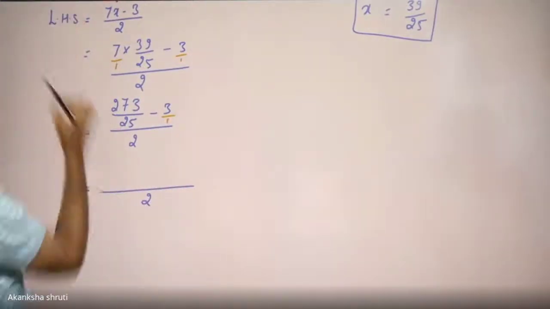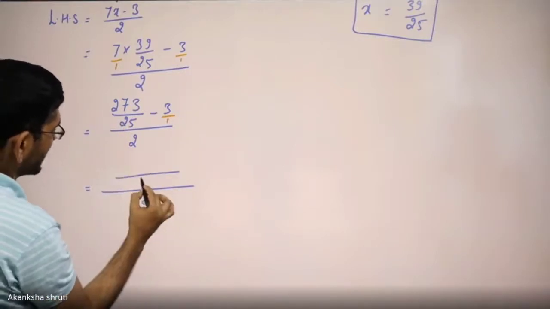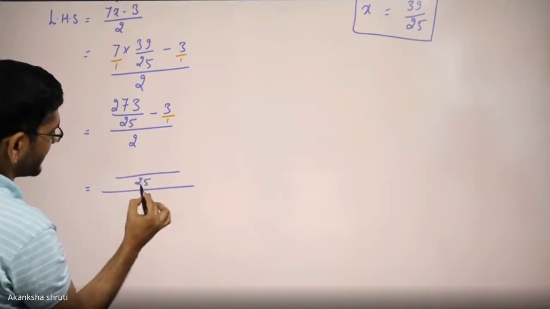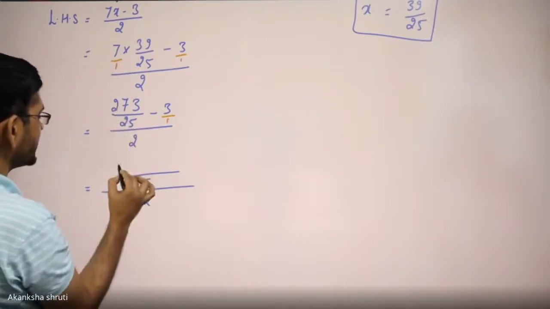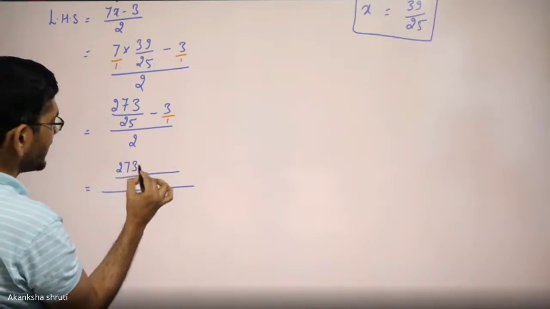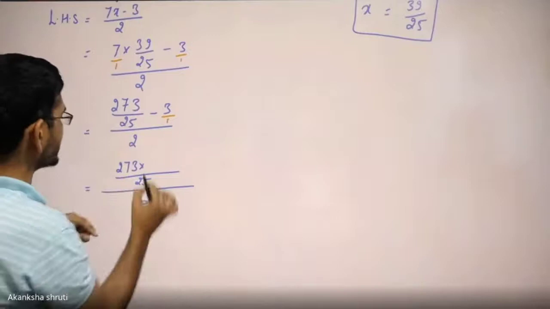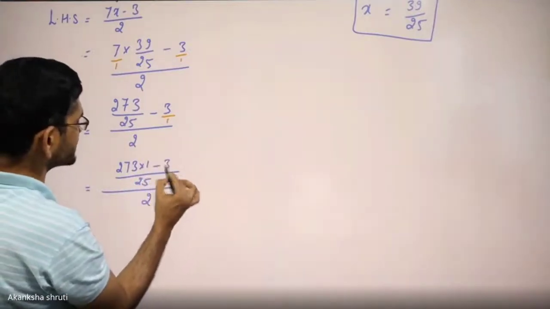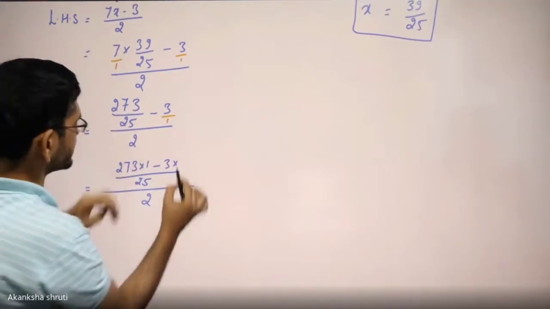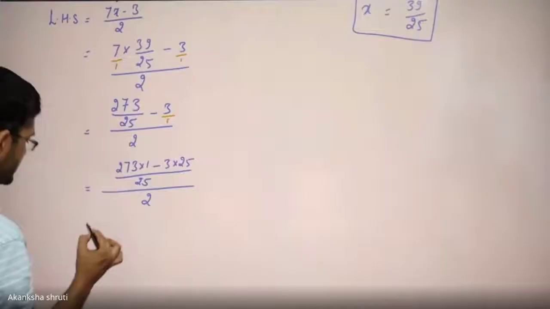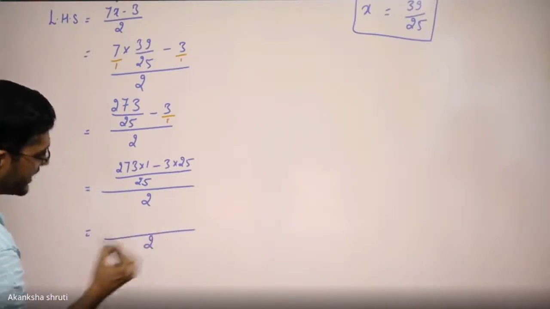So we need to take the LCM of 25 and 1. It is coming as 25 that we have to write above this. Now this 273 has to be multiplied by 25 divided by 25, so 25 will go one time, so one time, minus this 3 into this one, 25 will go in 25 as 25 times, so we need to put this 25. Now whatever common 2 is there, we have to write.